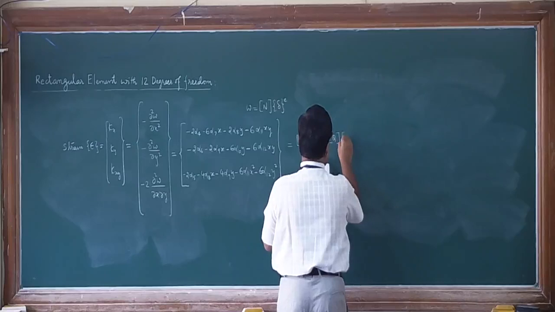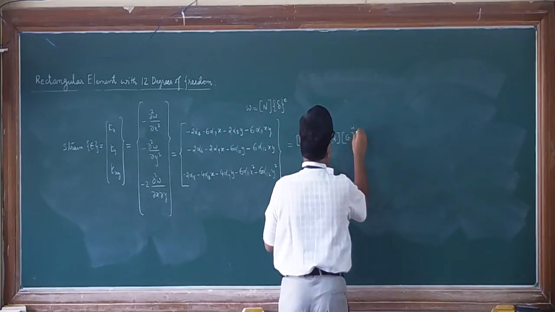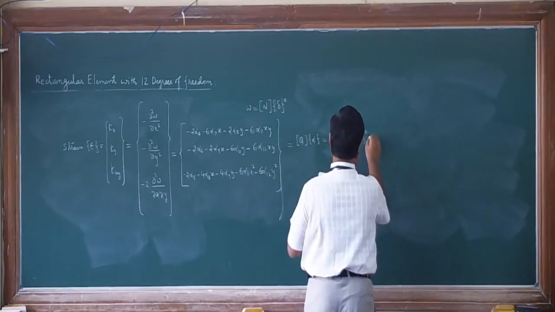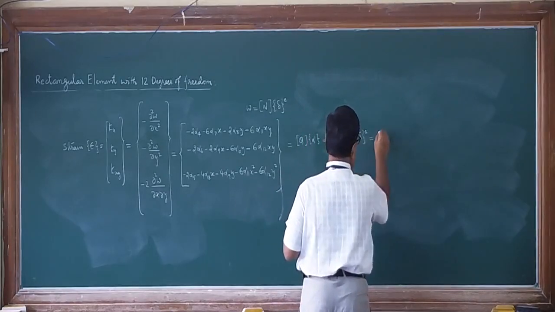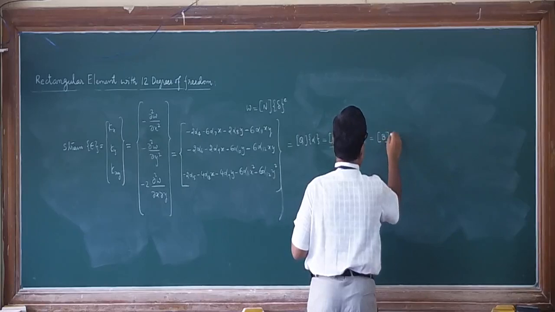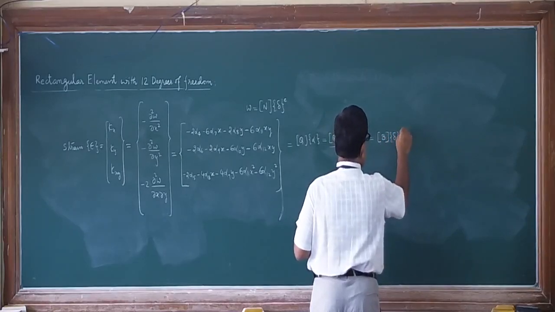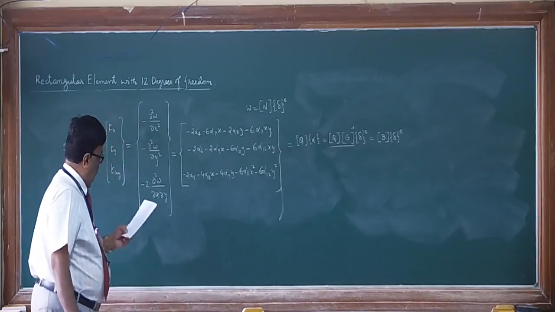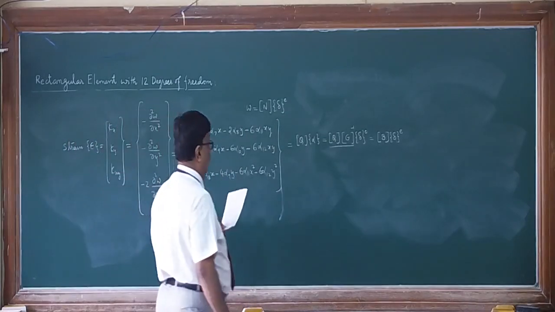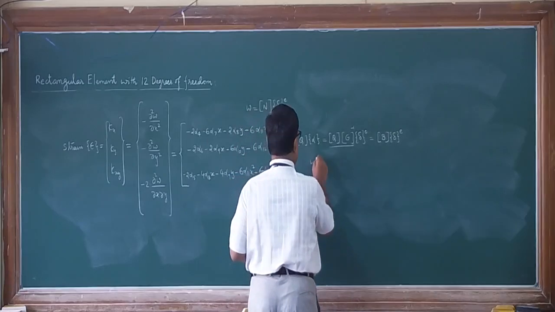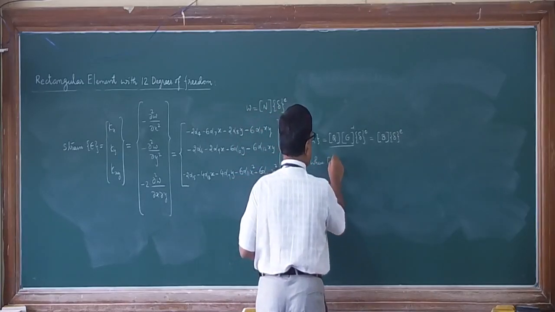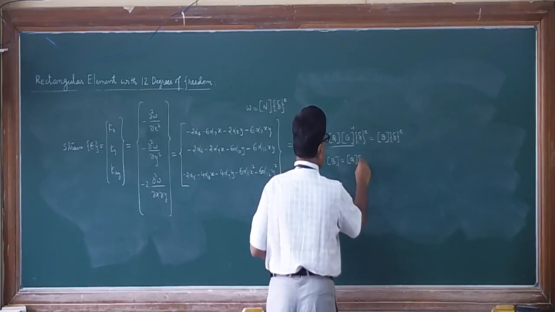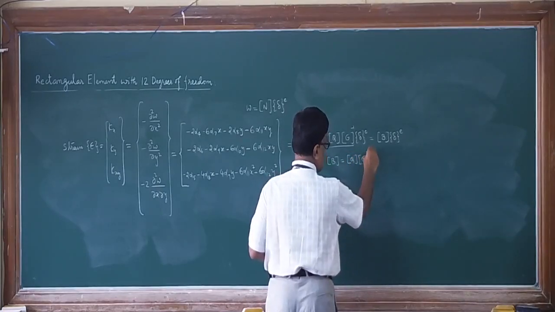Alpha is nothing but G inverse of delta, which we have already done. This product we call B into delta E, similar to the displacement vector, where B, the element displacement matrix, is nothing but Q into G inverse.